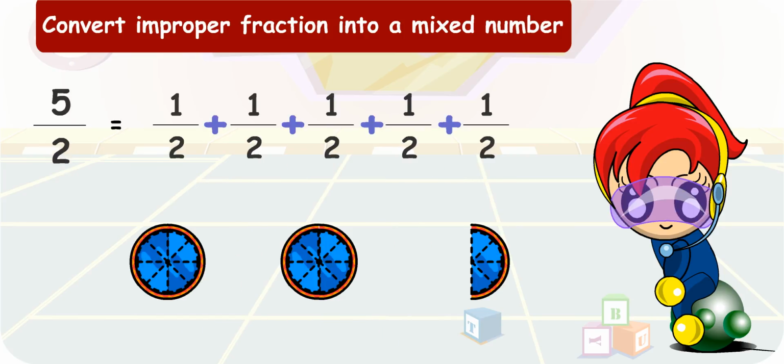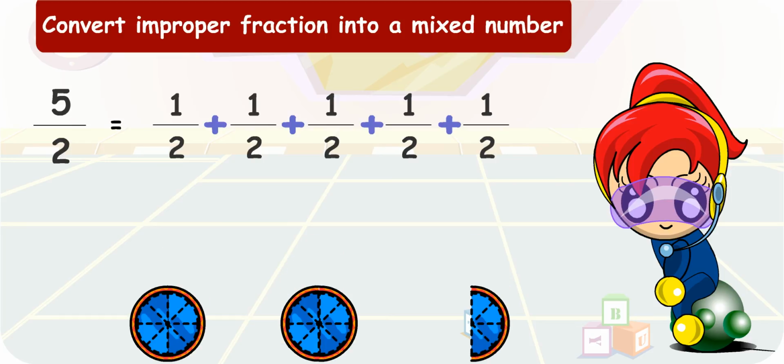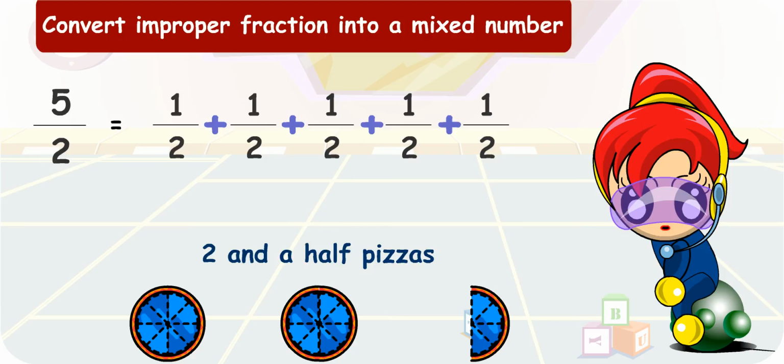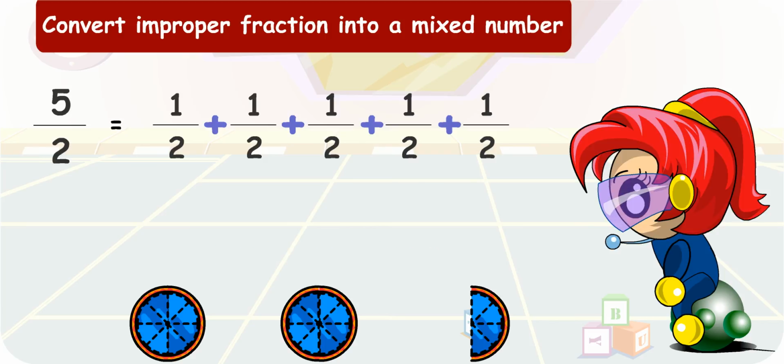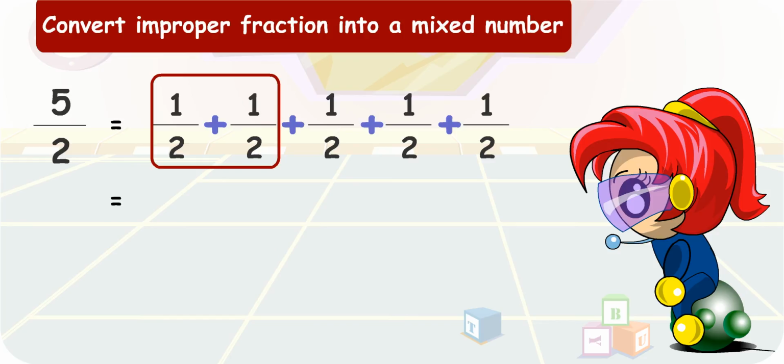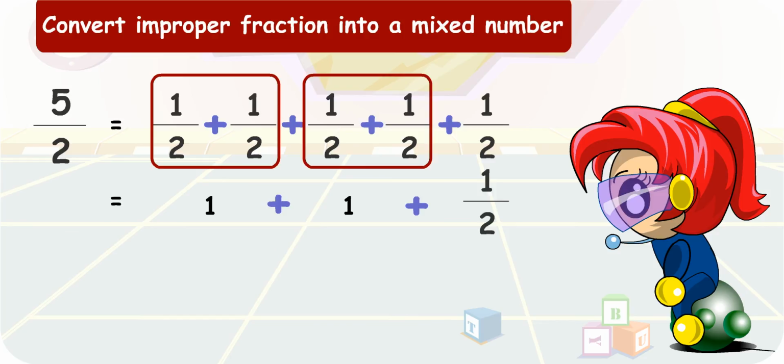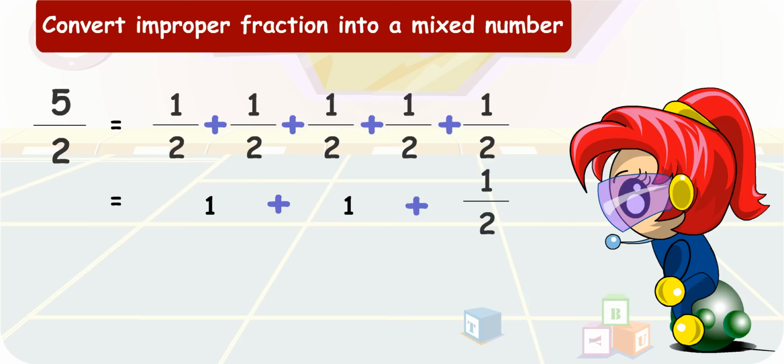Now if I rearrange the pizzas like these, what do you see? Hey, there are 2.5 pizzas. Yes, Turbo Girl, since half plus half is 1. Therefore, 5 divided by 2 is 2.5 when written as a mixed number.